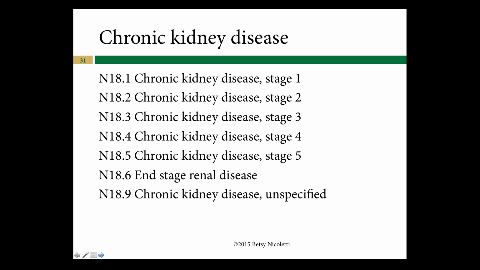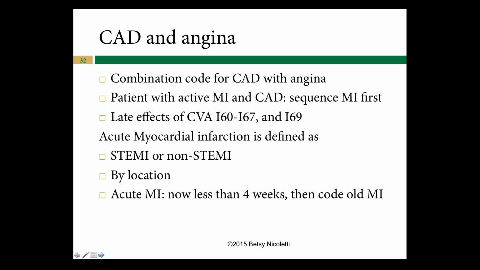All right, how about coronary artery disease and angina? So we do have now, and we did before, a combination code for coronary artery disease with angina. If a patient has an active MI and coronary artery disease, we sequence the MI first. That is, the patient's in the hospital having had an acute myocardial infarction and they have known coronary artery disease, we do the MI first.